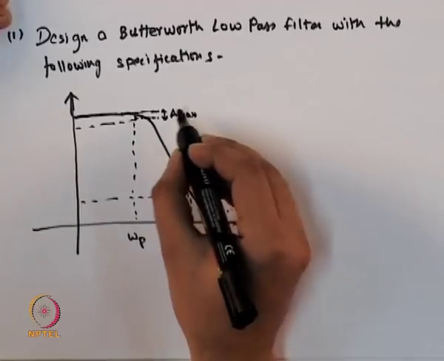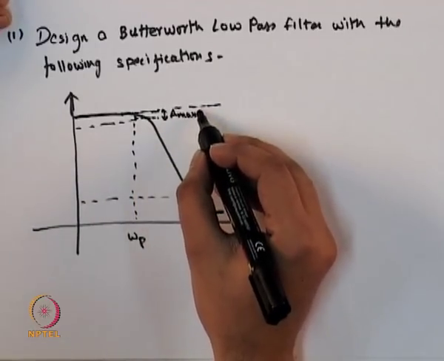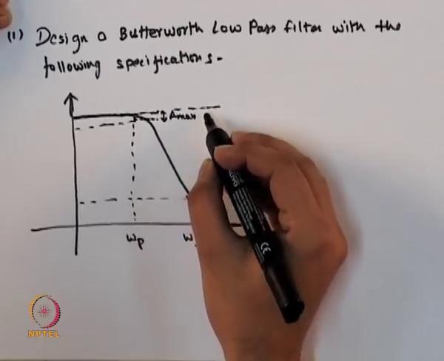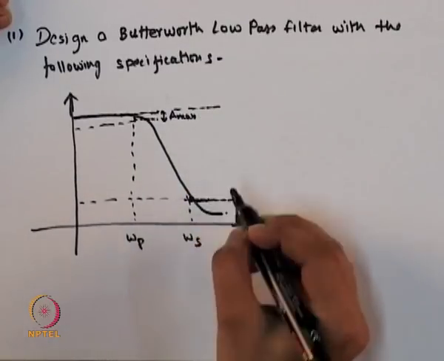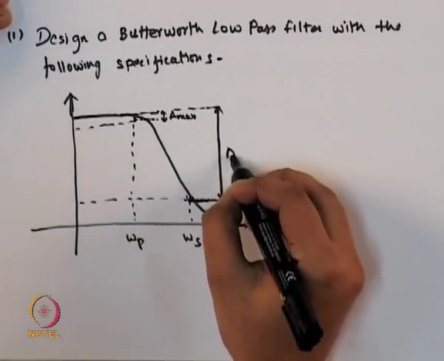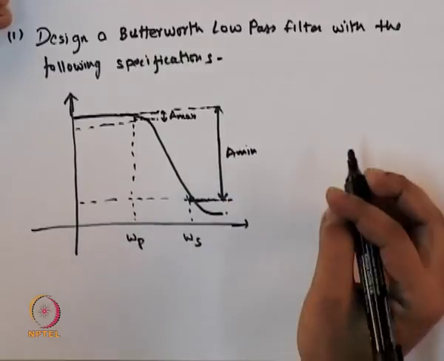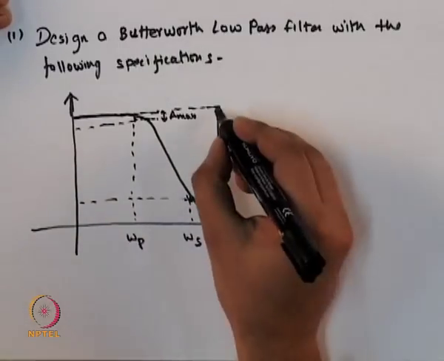This is what we call A max. A max is the attenuation of DC gain at omega p. This is A min. A min is the DC gain attenuation at omega s.